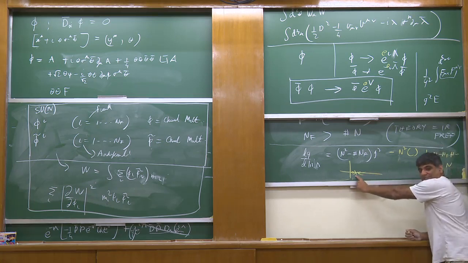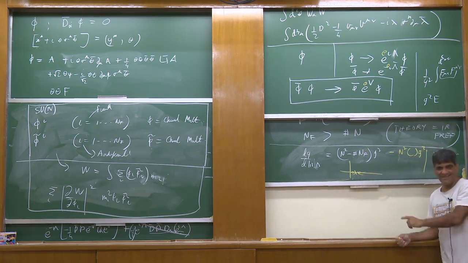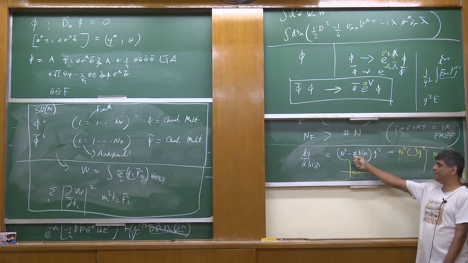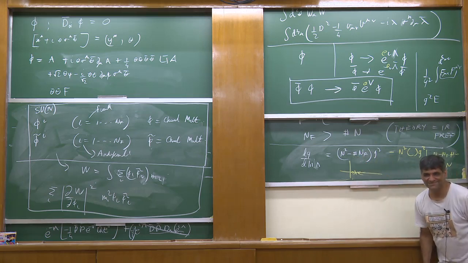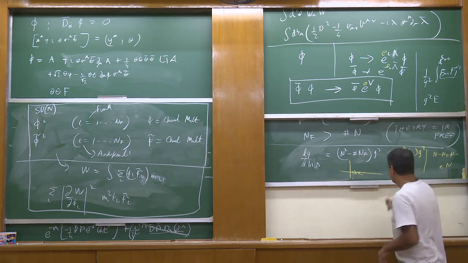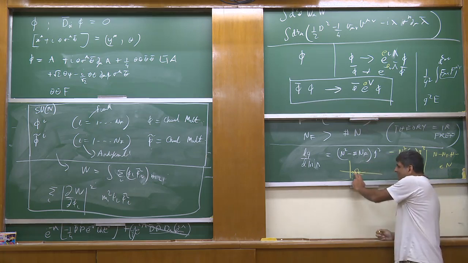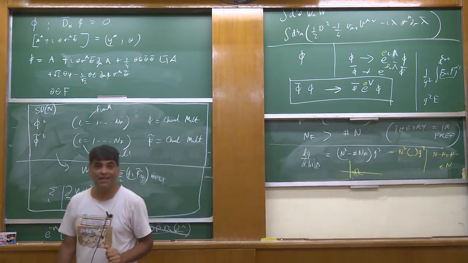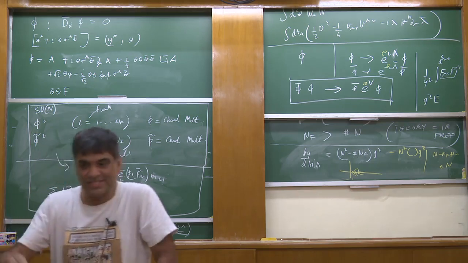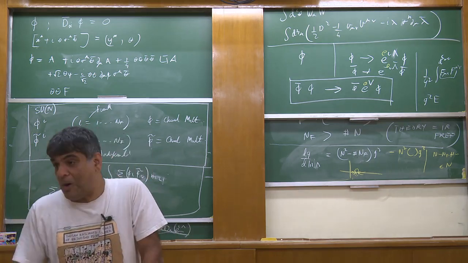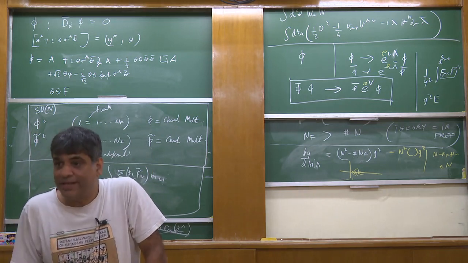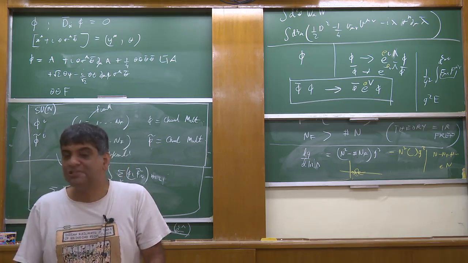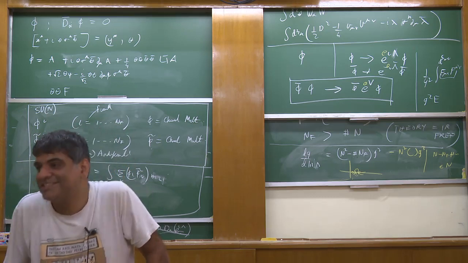You see that the value of this will be controlled by, this was g cubed, sorry. The value of this will be controlled by that epsilon, because when you balance these two terms, there's an extra factor of g here which will balance this extra factor of epsilon. So the strength of the coupling constant is controlled by this epsilon. And because of that, when you do this more seriously, you can show that at this fixed point, all the g to the 4 and g to the 5 and g to the 6 terms are negligible because they're higher order in g.